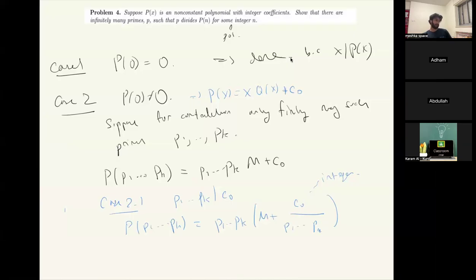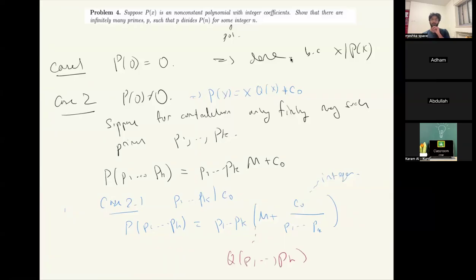Okay, so we want to get something about m, but what is m? m is another polynomial, like q of p1 through pk. So I don't know if the problem got easier or harder. Can't we take p of c0 plus 1?